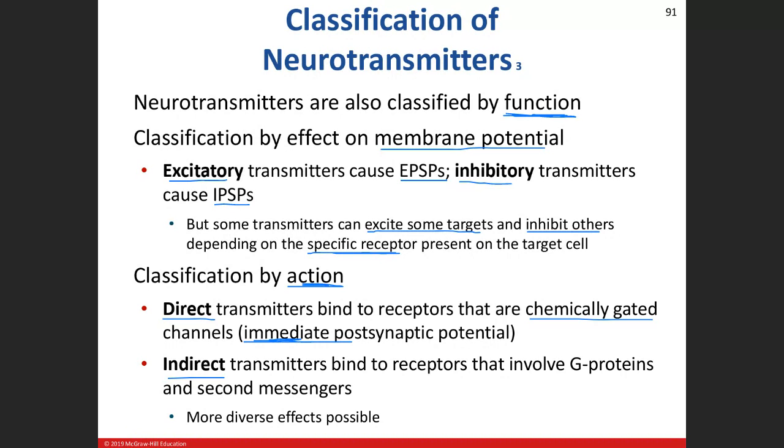Okay. With the indirect, now we get into these secondary messengers and what we call G proteins. Again, it would take me several minutes to discuss that. I'm not going to do that because, like I said, we're going to learn it all in 211. But what I want you to understand is with the indirect, you're going to deal with the substance called G proteins and secondary messengers. Basically, a secondary messenger is like having a butler.